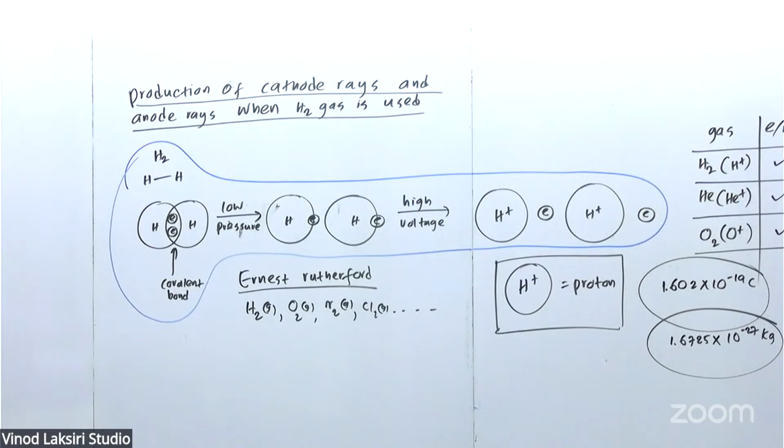Next. The H plus ions are repelled by anode and attracted by cathode.